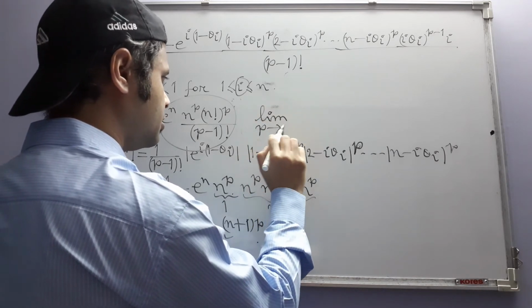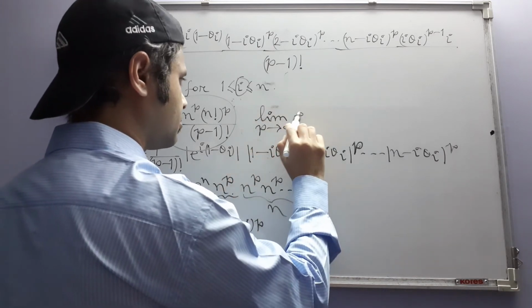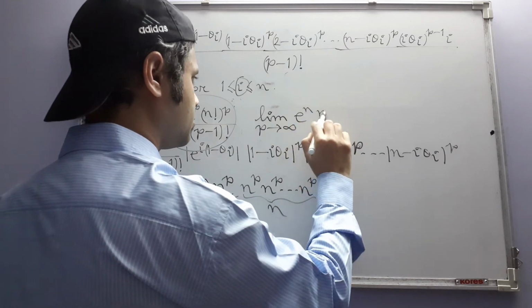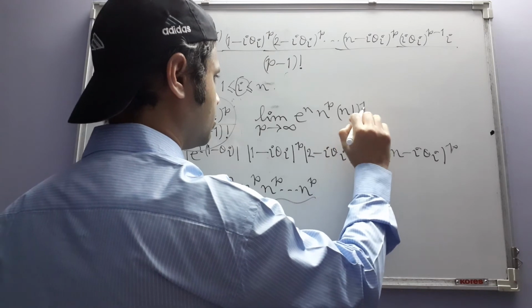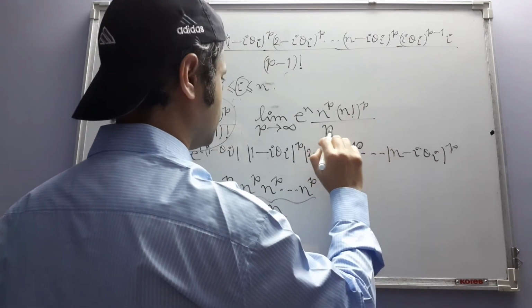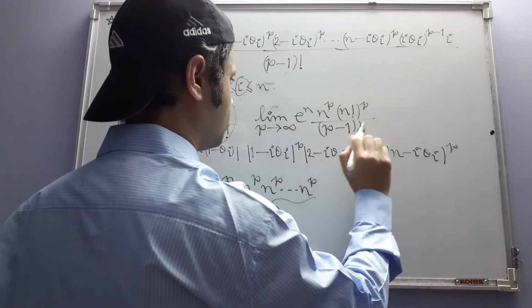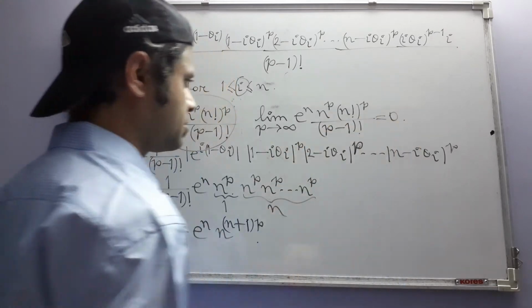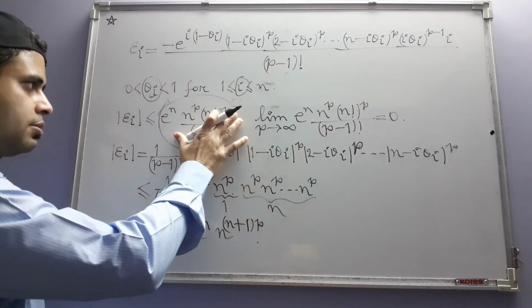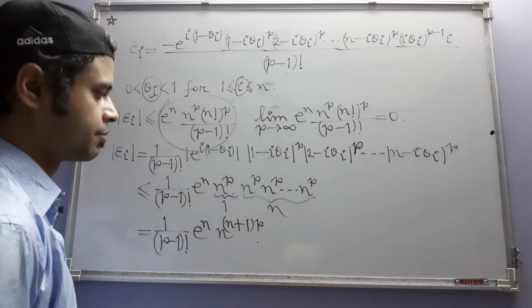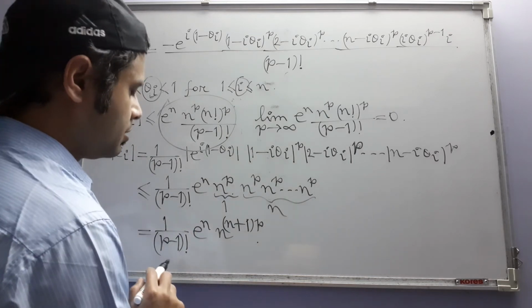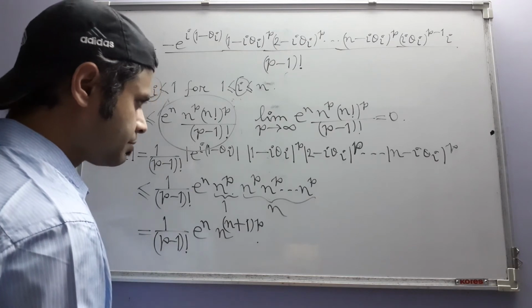Now after this, what the author originally says is this: as p increases, this limit exists and it is 0. These quantities approach 0. Can we say something similar here?